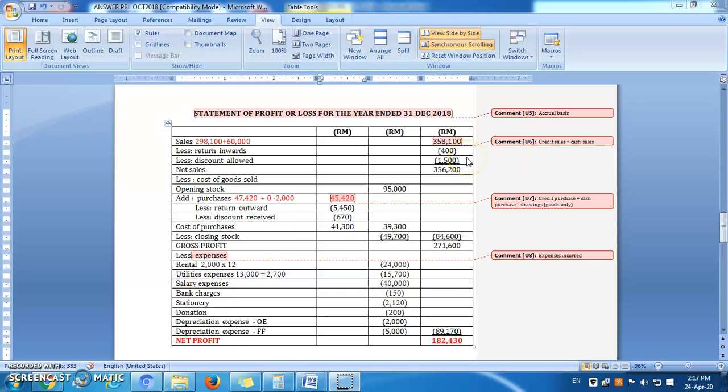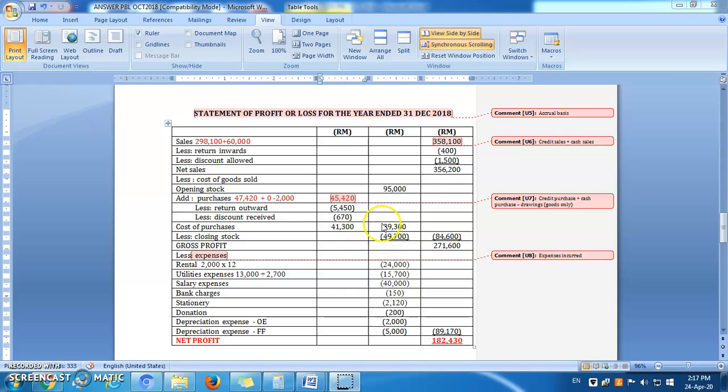The next treatments are for our return inwards and discount allowed. These two are recorded in our additional information. Next is our opening stock under COGS, which is cost of goods sold. We have opening stock plus cost of purchases minus closing stock.